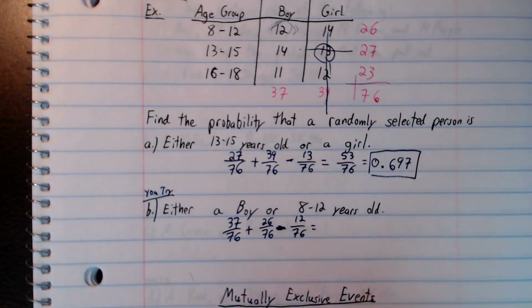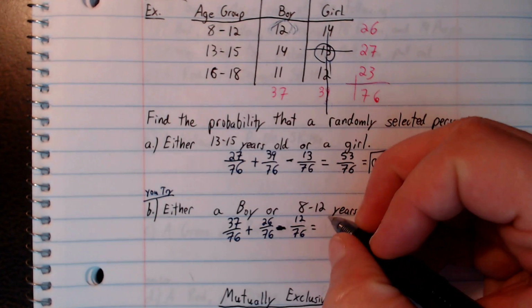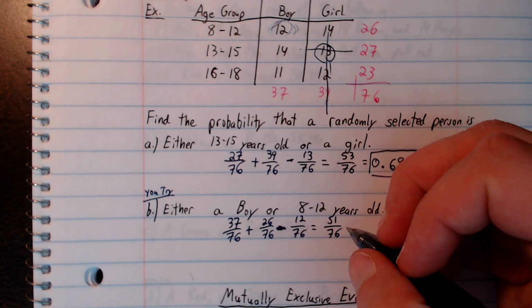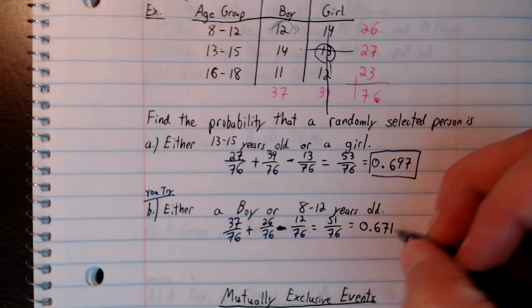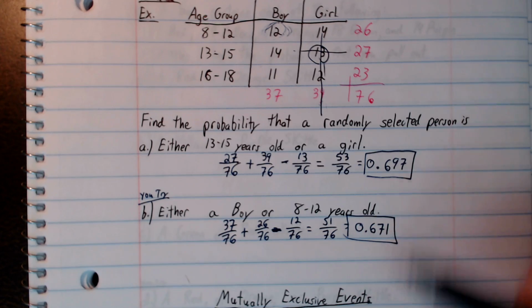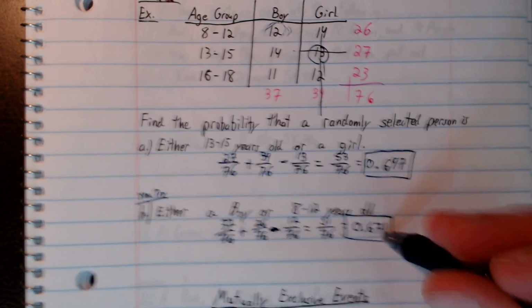So if we add all this together, 37 plus 26 minus 12 is 51. 51 out of 76 is 0.671. So although they are very close, it's more likely for the last situation to happen than the most recent.